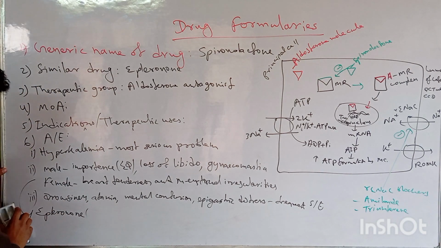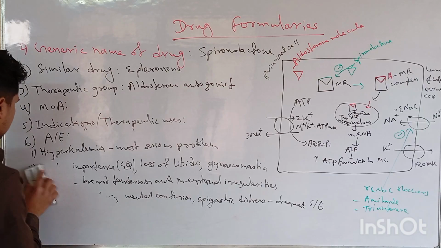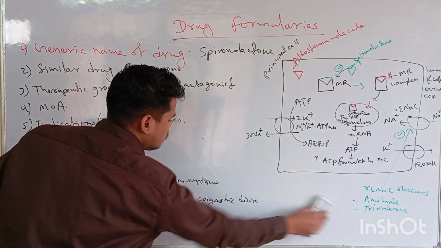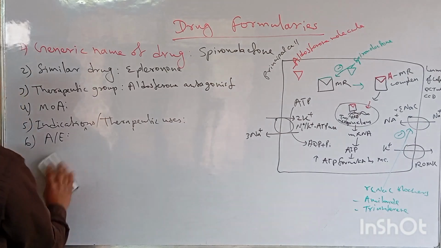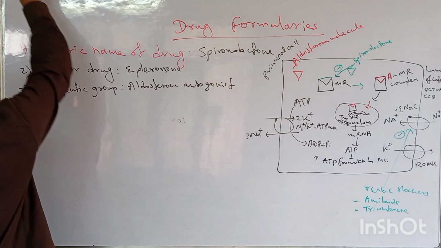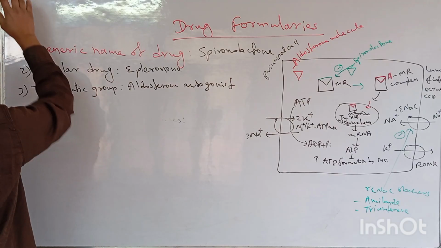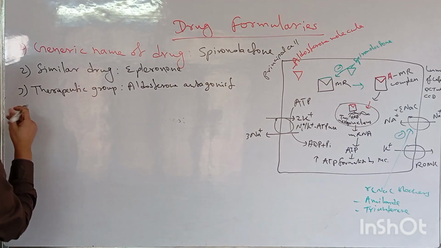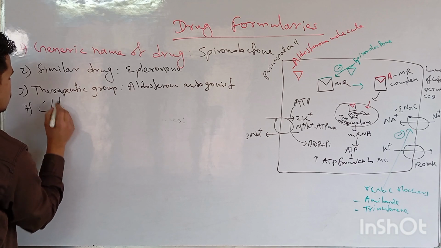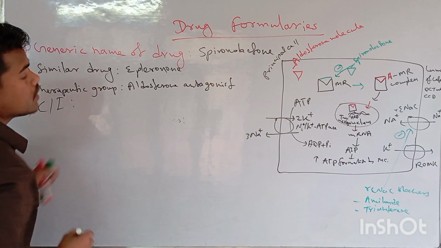Now there will be the contraindication and then drug interaction. We are at point 7, I think, yes, 7. So contraindication. What is the contraindication of spironolactone?